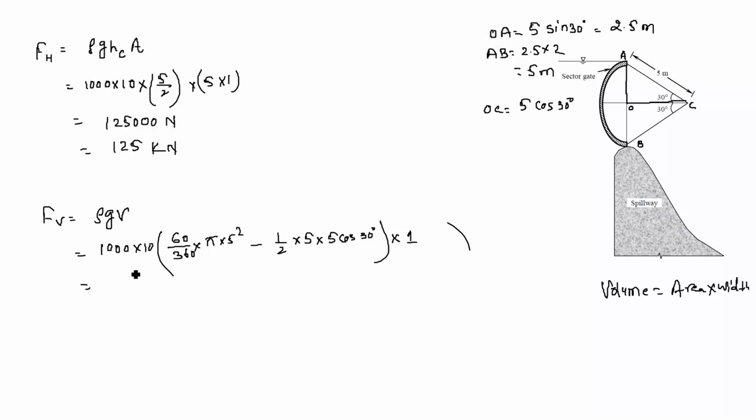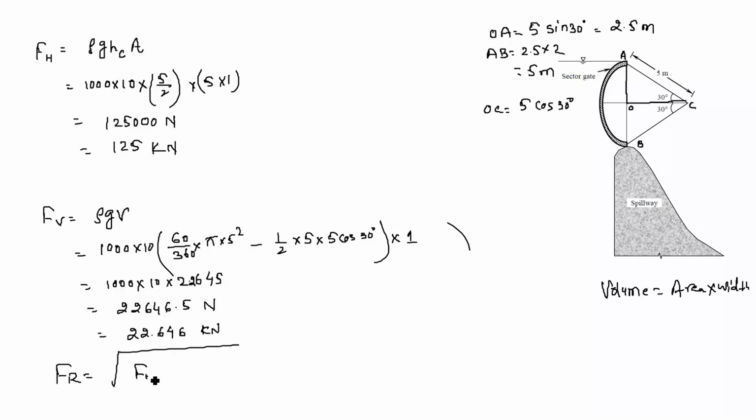The vertical force will be 1000 into 10 into 2.264 meter cube. So we will get 22,646.5 Newton. We can write it as 22.646 kilonewton. Now we have the value of horizontal force and vertical force. So the resultant force Fr will be the square root of Fh square plus Fv square.